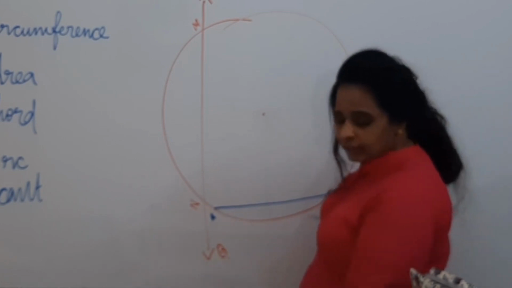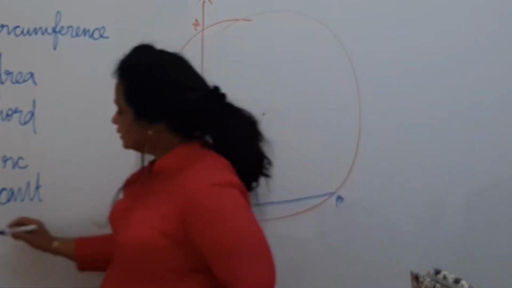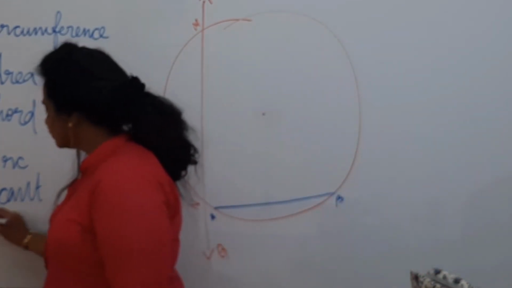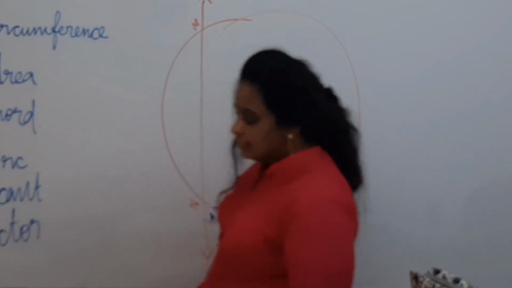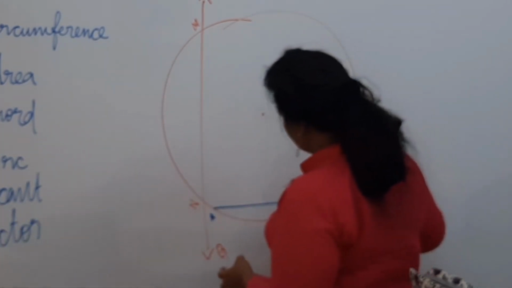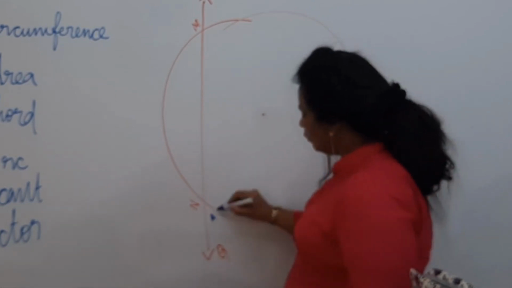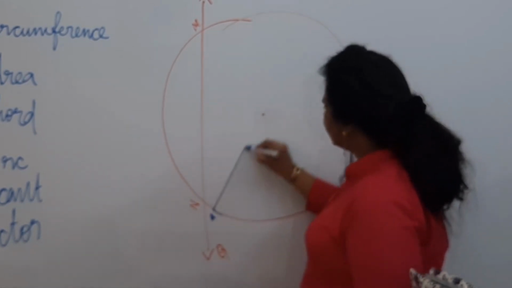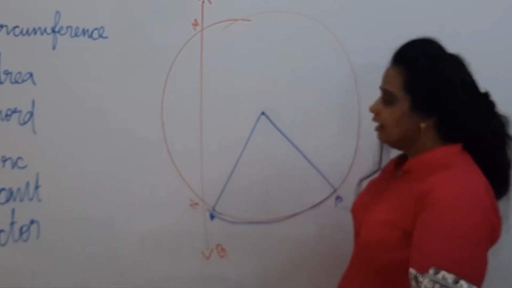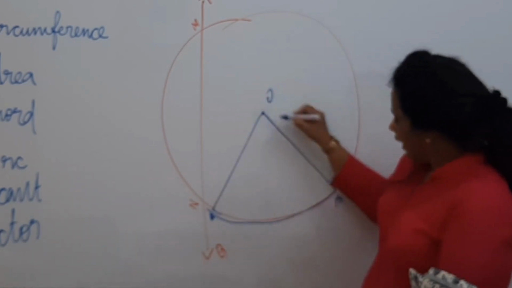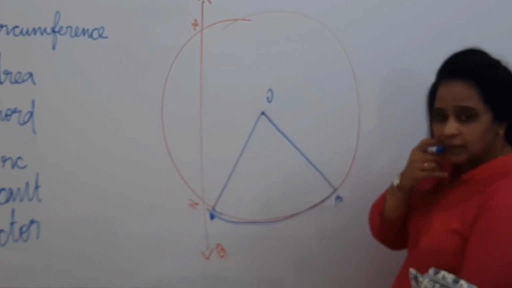Next we go with the next concept, the sector. A sector is nothing but the area bounded by any two radii with its corresponding arc. Say OA and OB are the radii.